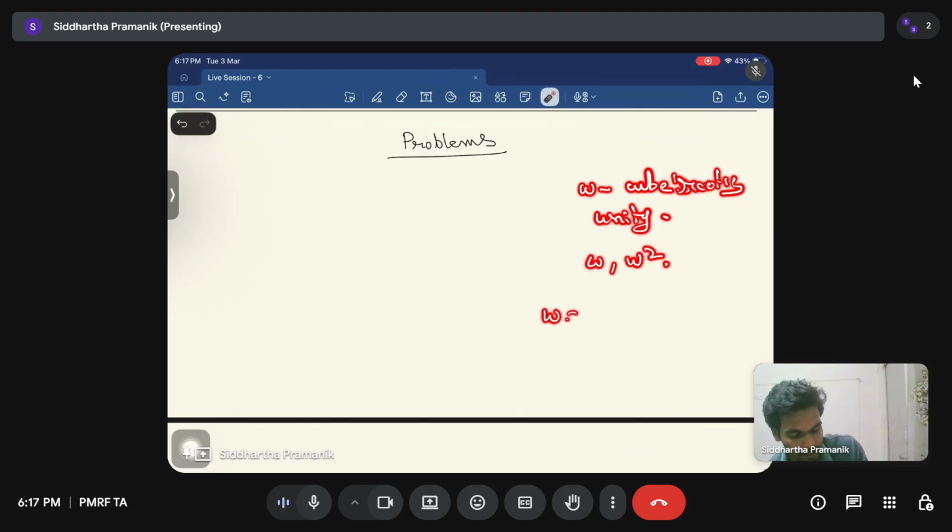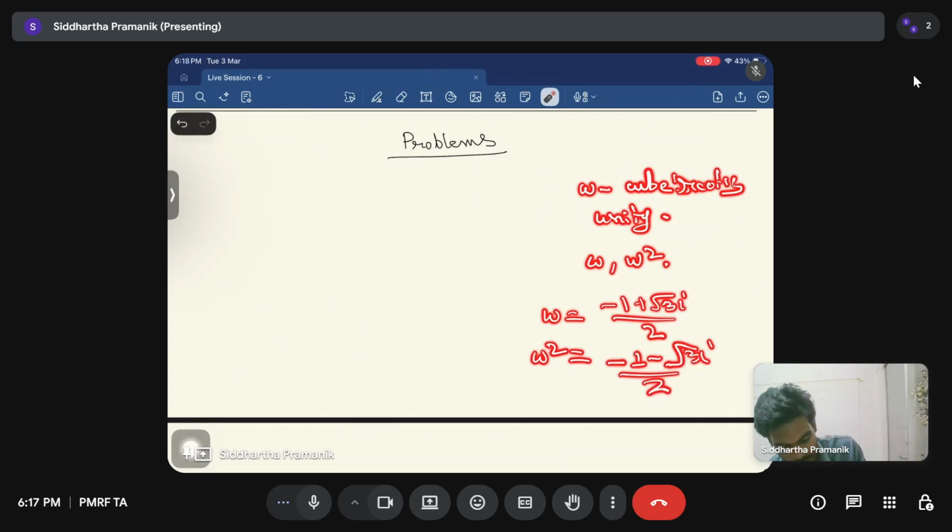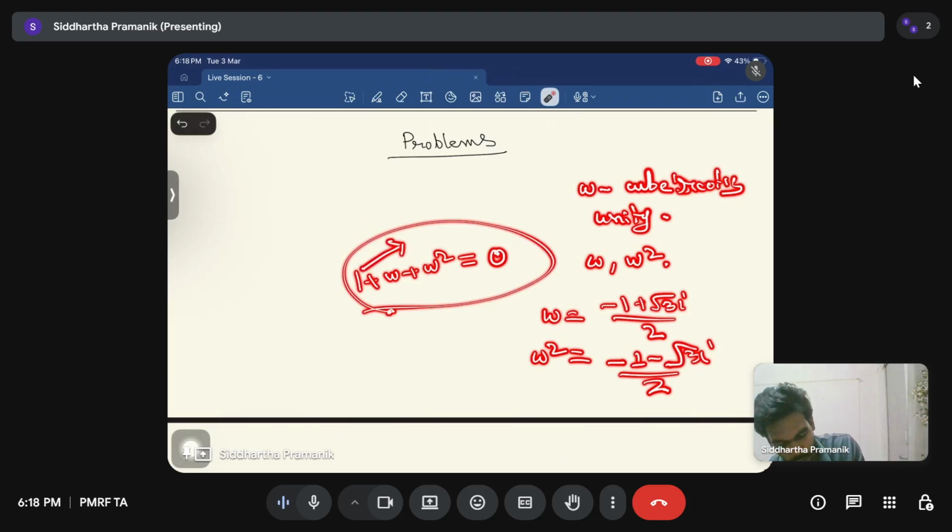If omega is -1 plus root 3i by 2, then omega square is the other conjugate, -1 minus root 3i by 2. Then we know that 1 plus omega plus omega square is 0. So what does this mean? 1 is also a cube root of unity, but it is not primitive.